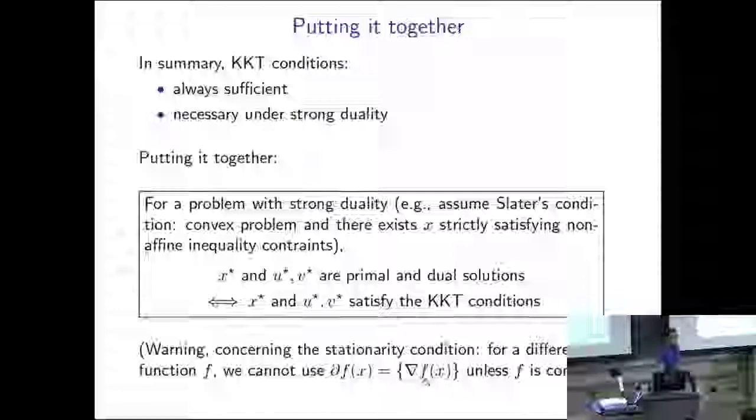You will sometimes see stationarity written in terms of gradients rather than subgradients when the criterion is smooth. But that's not going to be equal to the subgradient necessarily unless the function is convex. We saw several simple examples of functions that were non-convex and smooth, but didn't have subgradients. For example, x cubed has a derivative at 0, but it doesn't have a subgradient at 0.